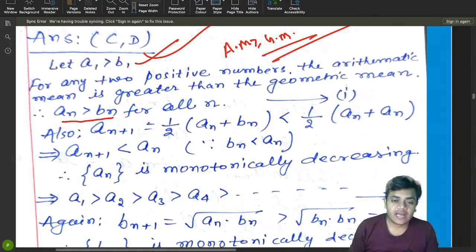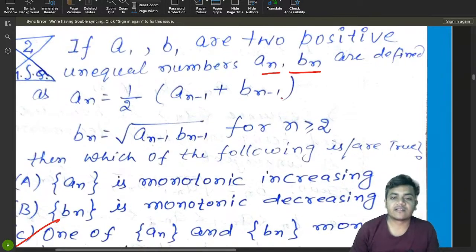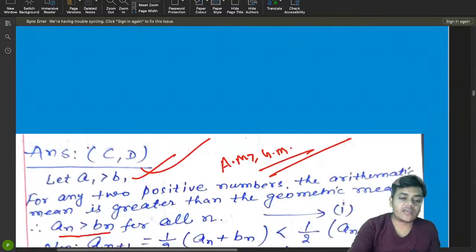All right, and a_{n+1} is the mean of an and bn, because it was given. So if we place n plus 1 in place of n, then a_{n+1} is equal to half of (an plus bn). And that's why we have written this.